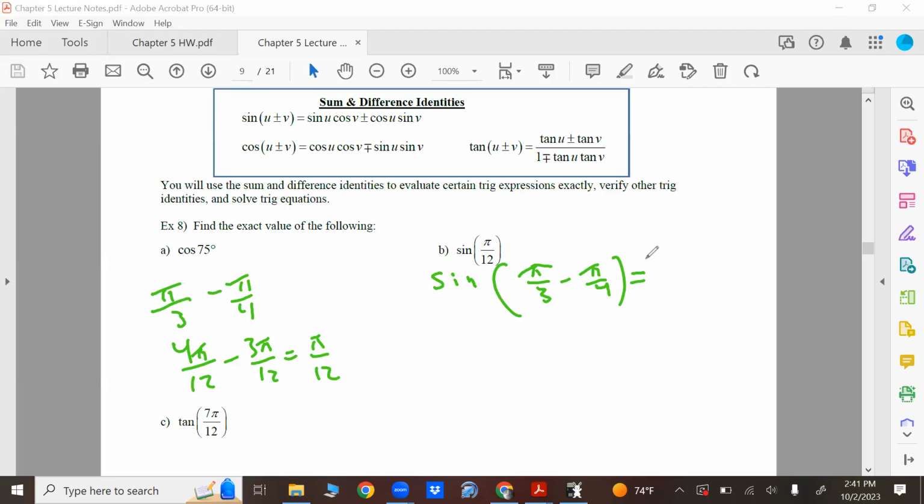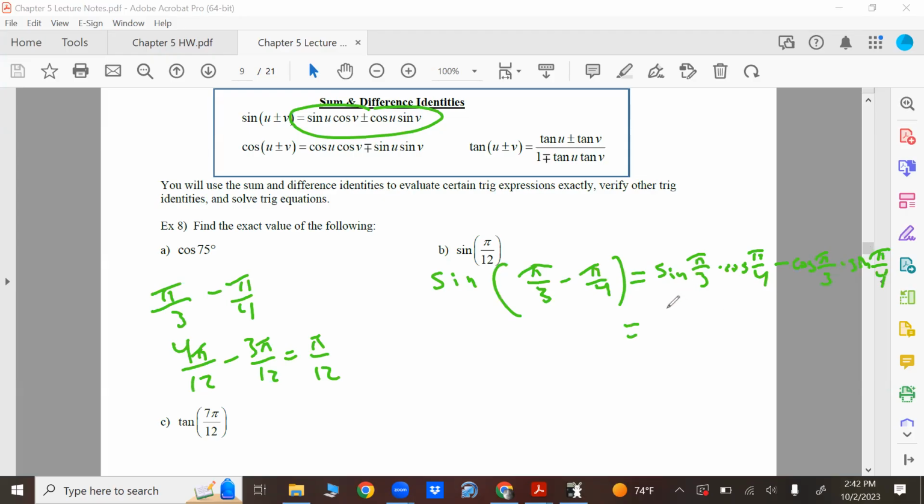Okay, so now let's work this out. Sine of pi over 3 times cosine of pi over 4. I'm using that formula, and there's a minus, so I have to put a minus also. Cosine of pi over 3 times sine of pi over 4.